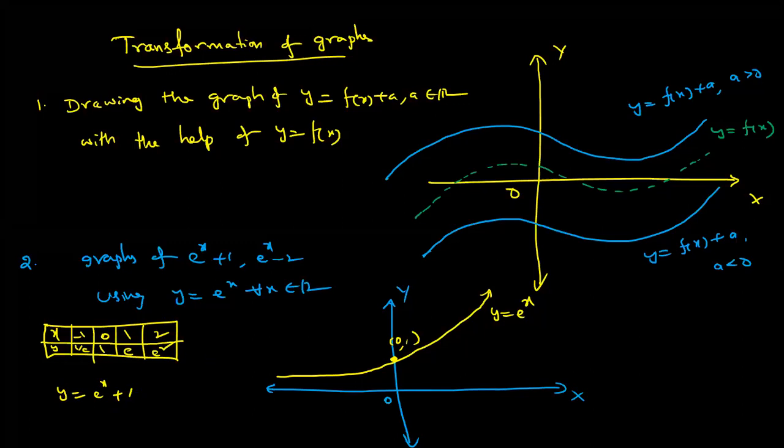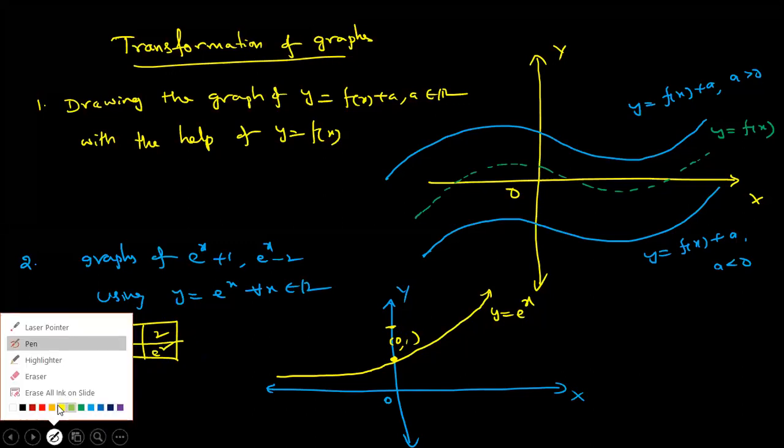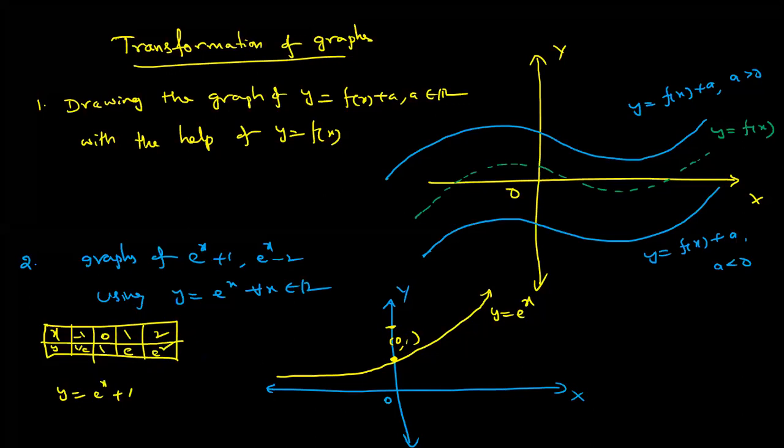Put x is equal to the same thing, dear students. Make a table. Put x is equal to 0. What is the output coming? Passing through 0, 2. That means, see carefully, like this. This is the graph of y is equal to e power x plus 1.